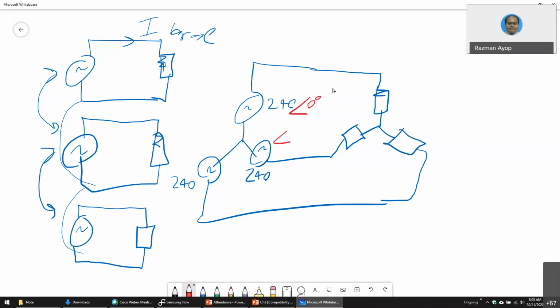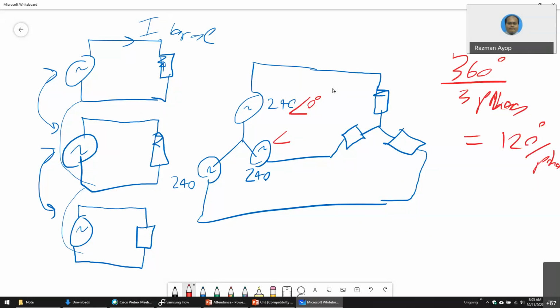This one needs to be different from this, but because of the three-phase system, one cycle is 360 degrees. So because it is a three-phase system, 360 divided by 3, you get 120 degrees per phase.